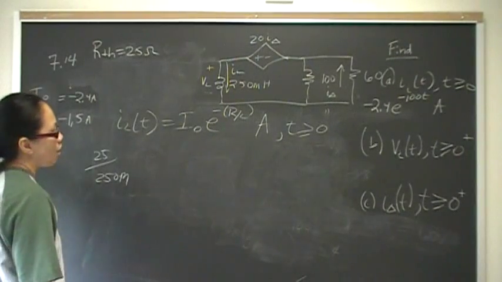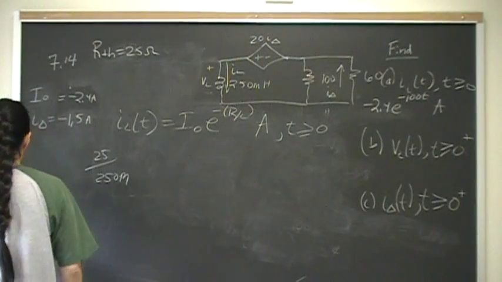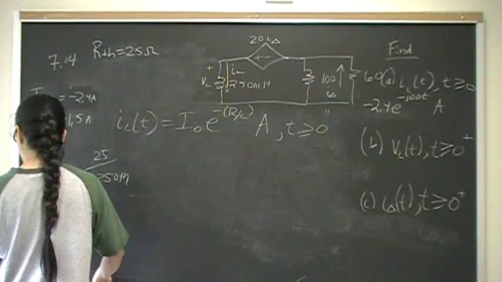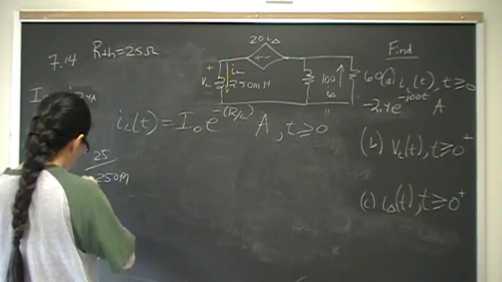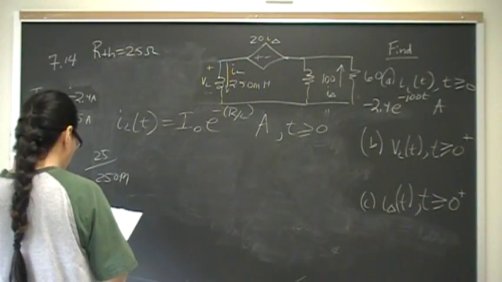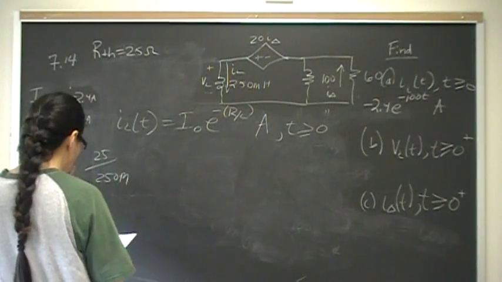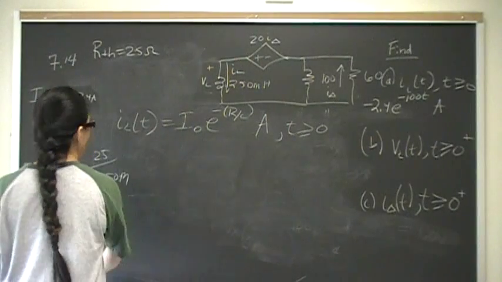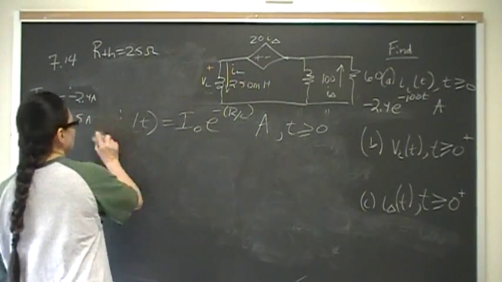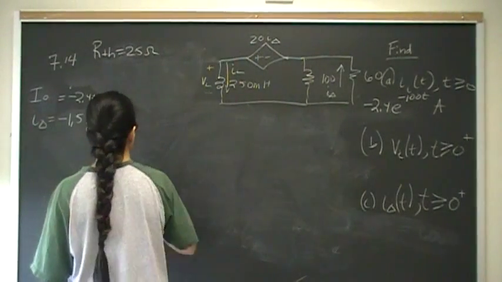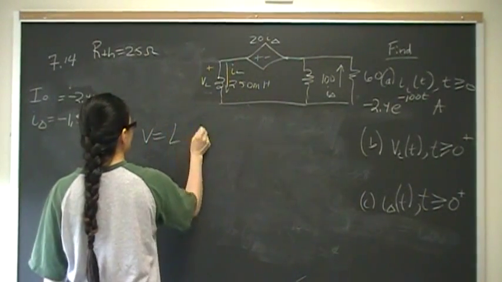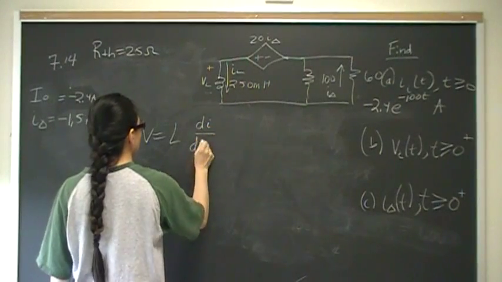For voltage, we're going to use V equals L di dt. Remember from chapter 6 we have V equals L di dt.